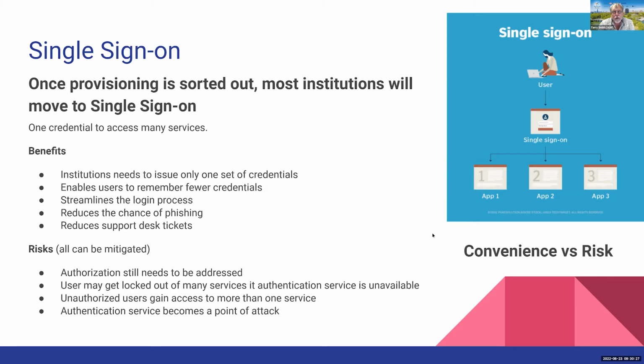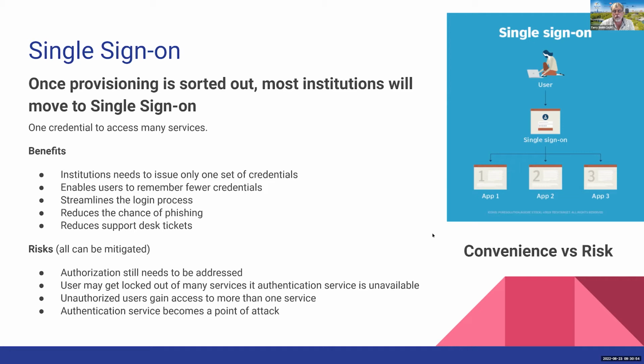Unauthorized users may gain access to more than one service. So if your credentials are stolen, the theft of that credential can allow the person to access many services with that one credential. Multi-factor authentication is one of the approaches that have been set up to try and reduce that risk.